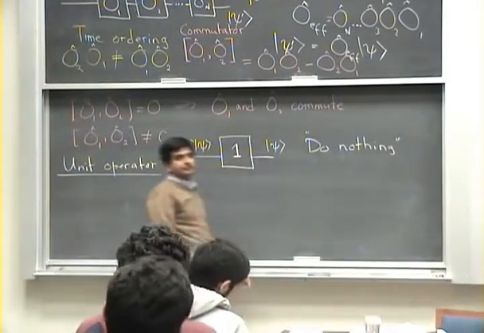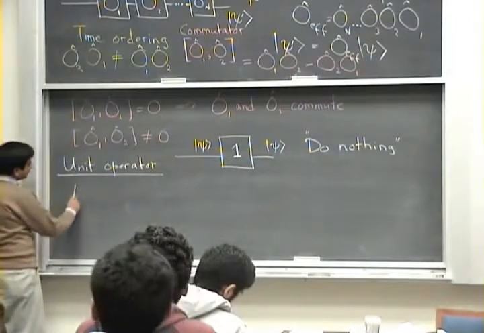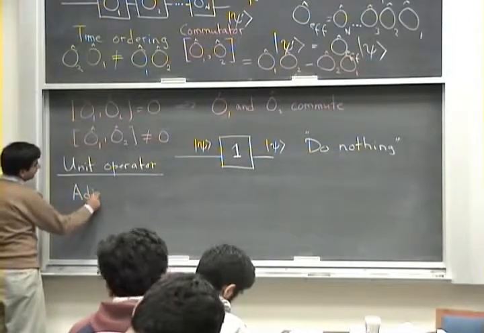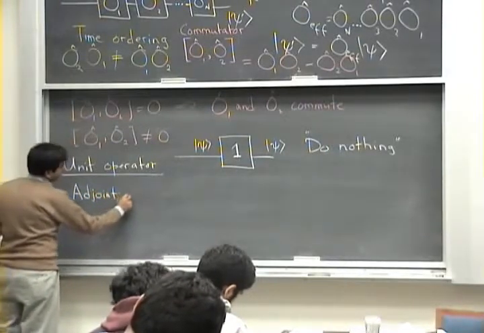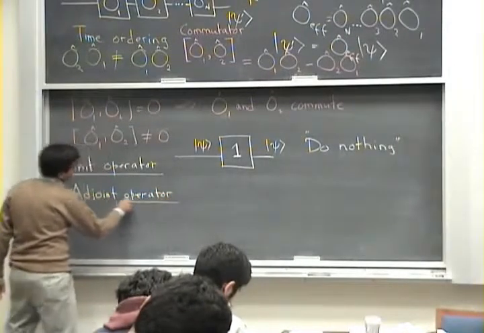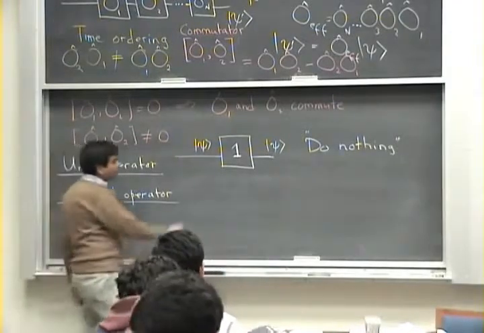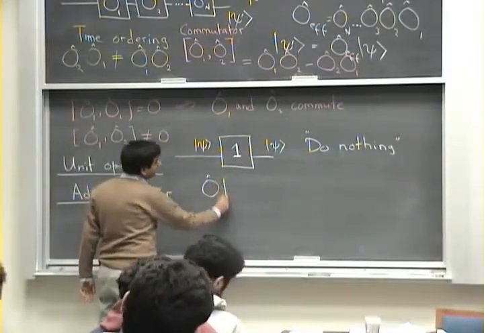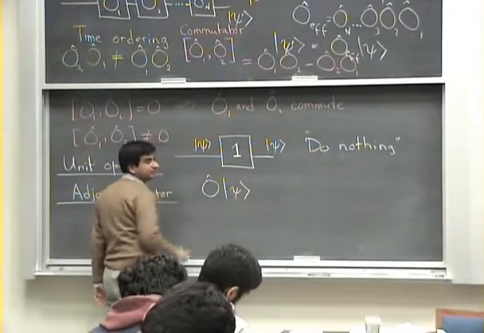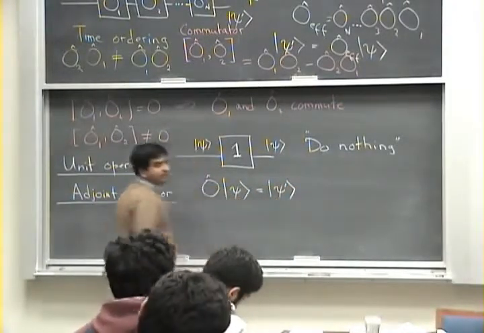Alright. I also want to define an object that is called the adjoint operator. Suppose I have an operator O that acts on psi to give me psi dash. Okay?